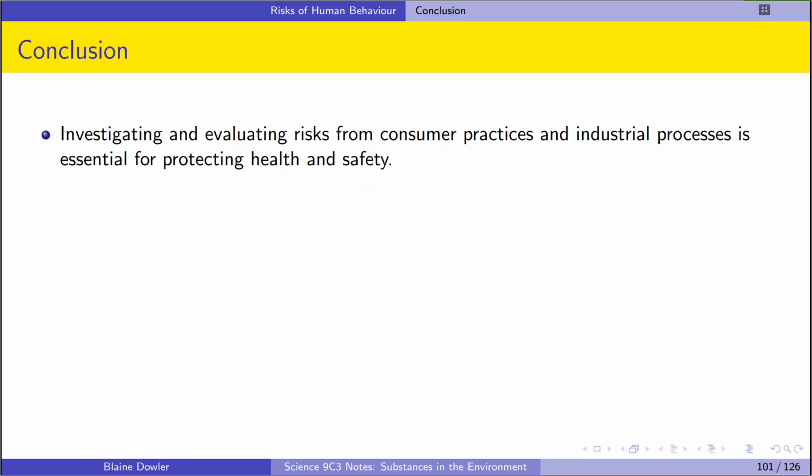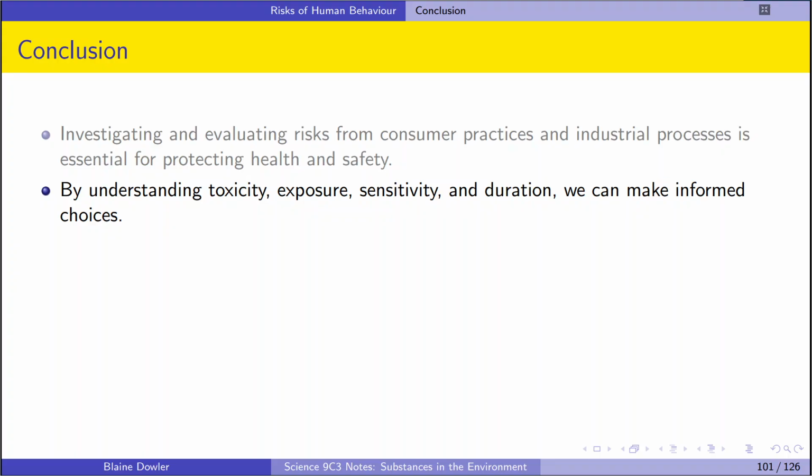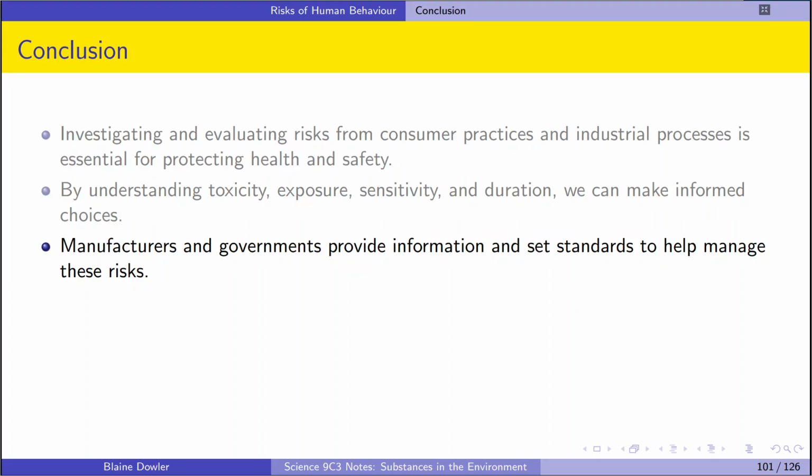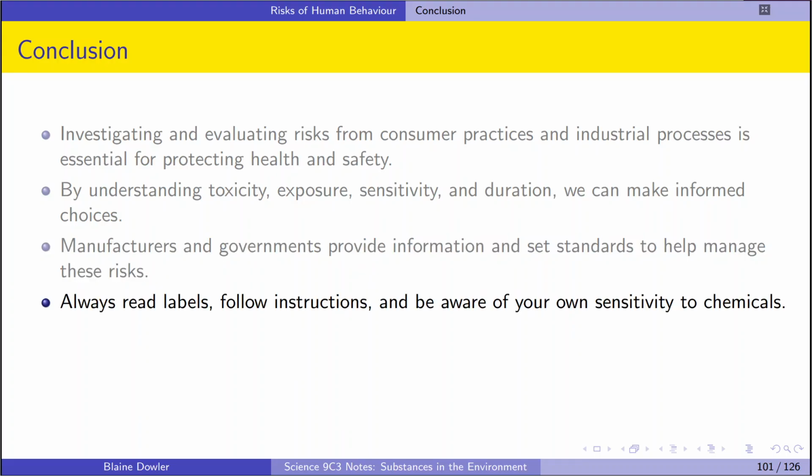In conclusion, investigating and evaluating risks from consumer practices and industrial processes is essential for protecting health and safety. By understanding toxicity, exposure, sensitivity, and duration, we can make informed choices. Manufacturers and governments provide information and set standards to help manage these risks.